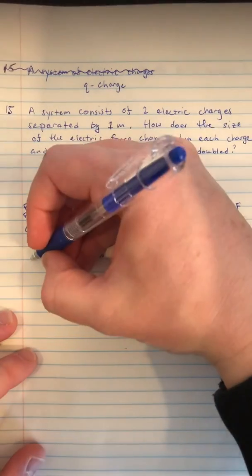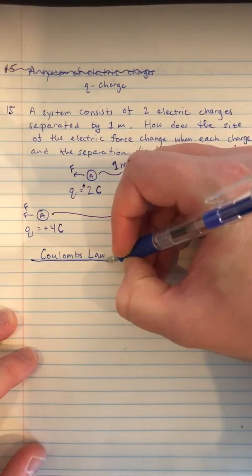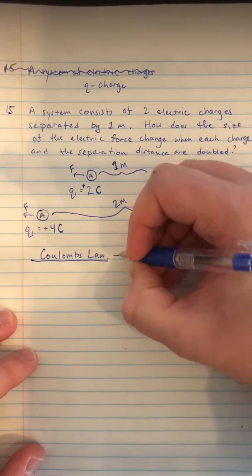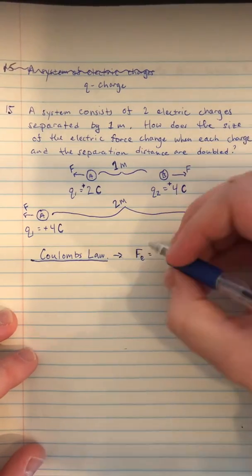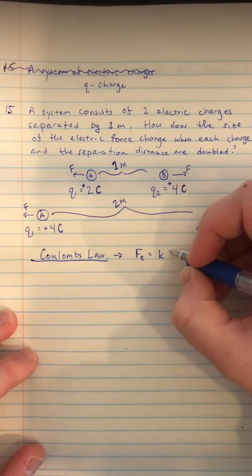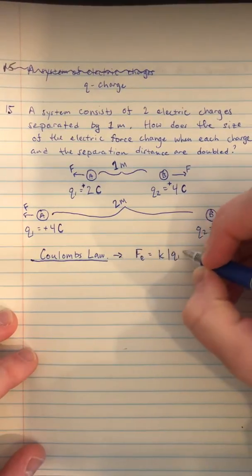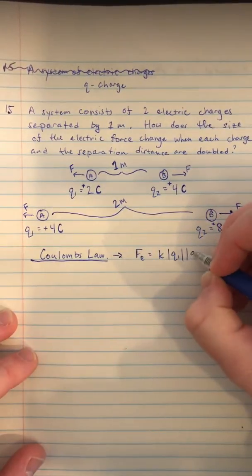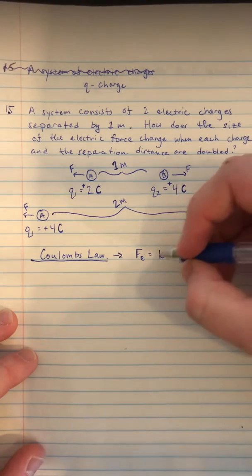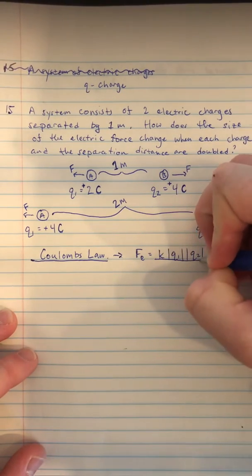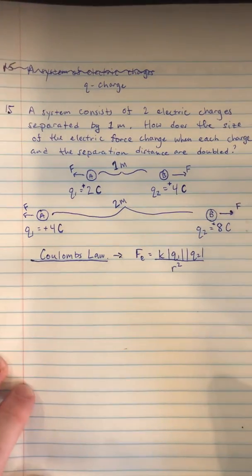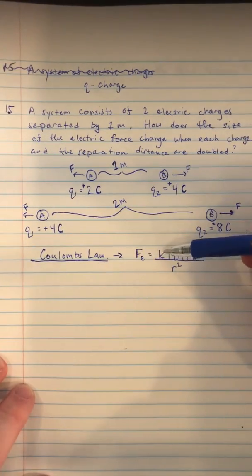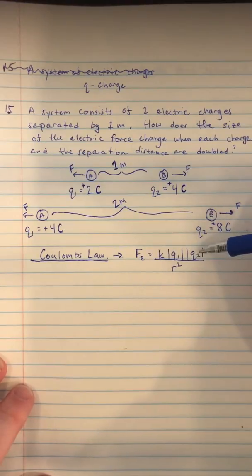And Coulomb's law is electric force equals K times the absolute value of Q1 times the absolute value of Q2 divided by R squared.